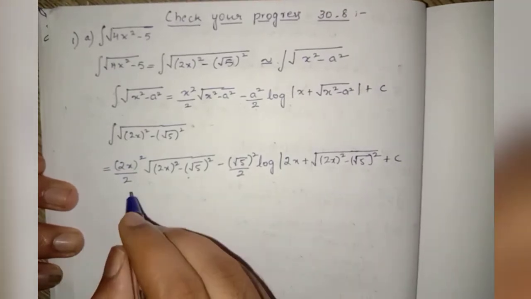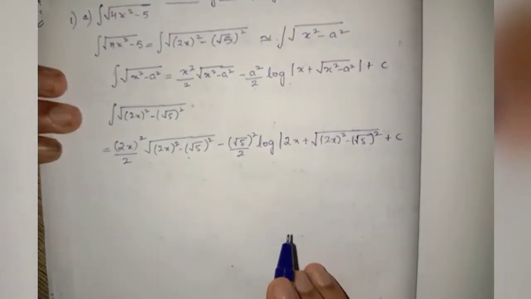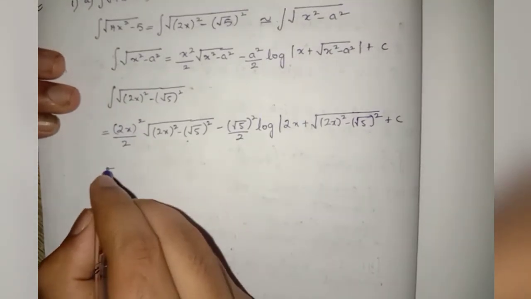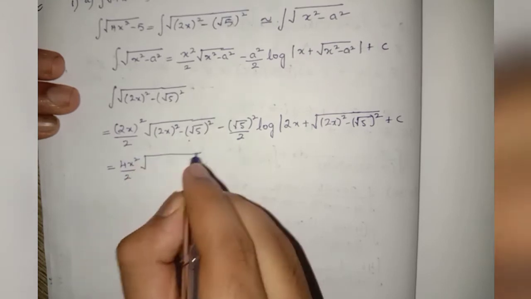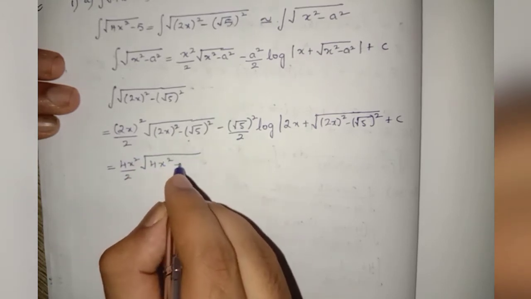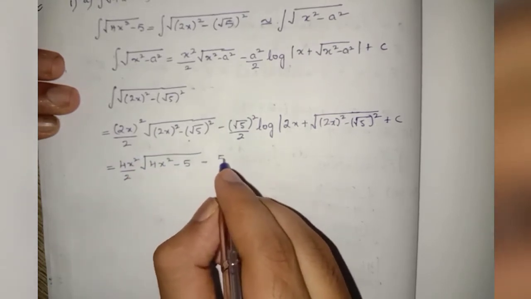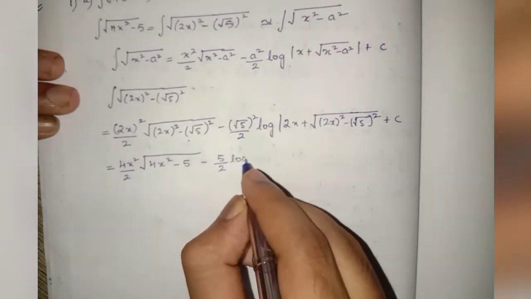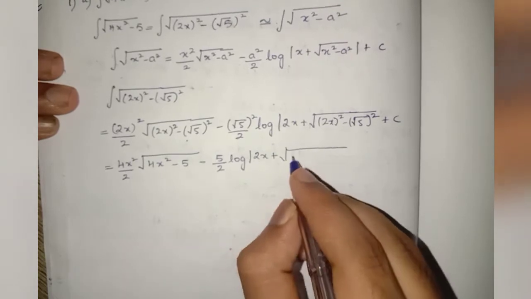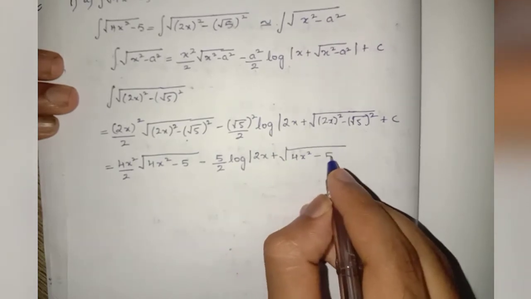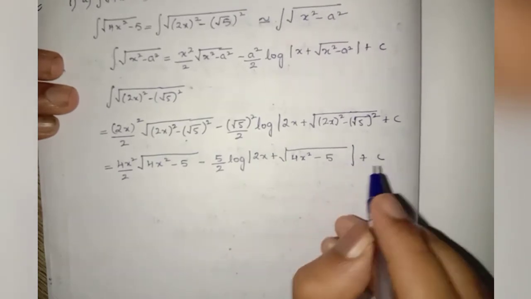Now let us make some changes to this. So we can write this as 4x squared by 2 root of 4x squared minus 5 minus 5 by 2 log mod 2x plus root of 4x squared minus 5 plus c.